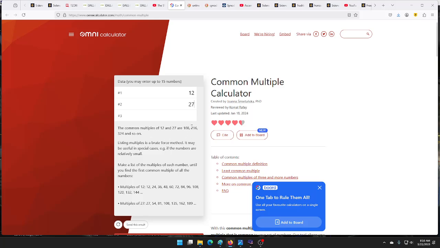So 108 is their first common multiple. We'll go to 216 in a second, but let's focus on 108. It is the first time that 12 and 27 meet up.